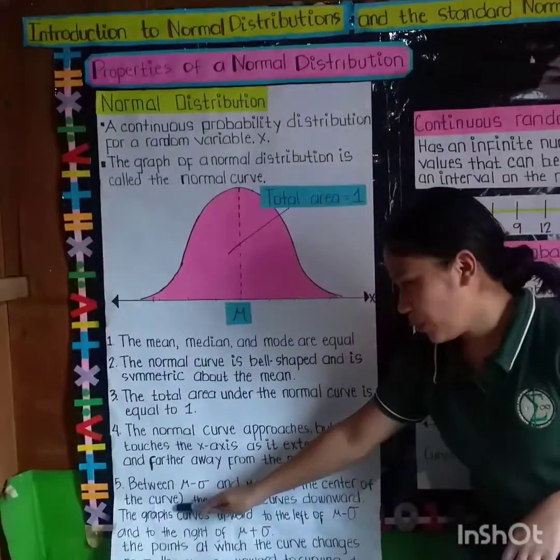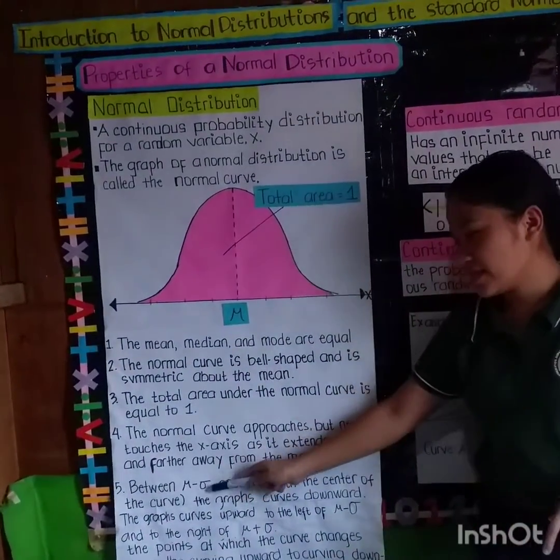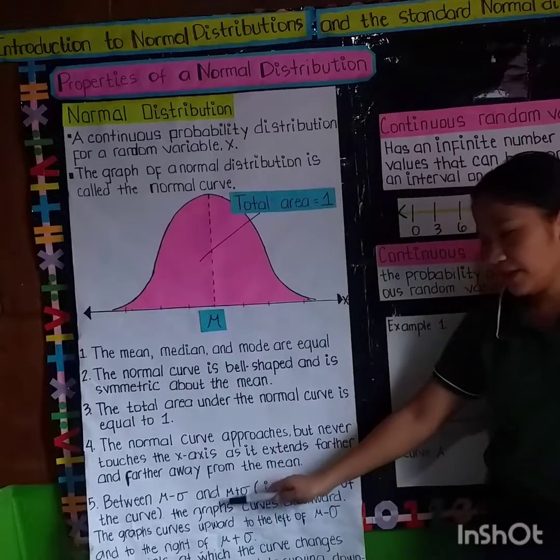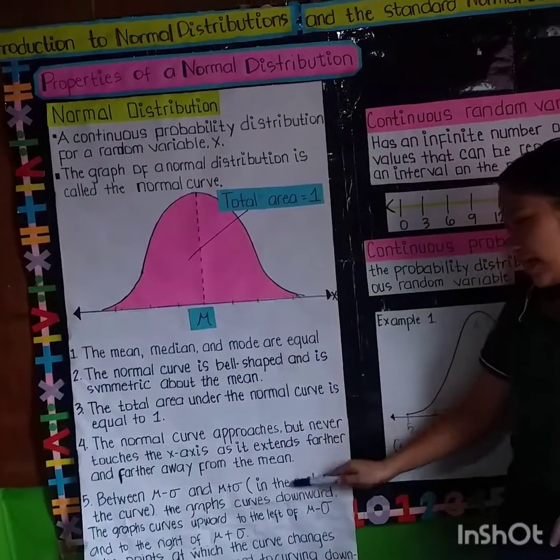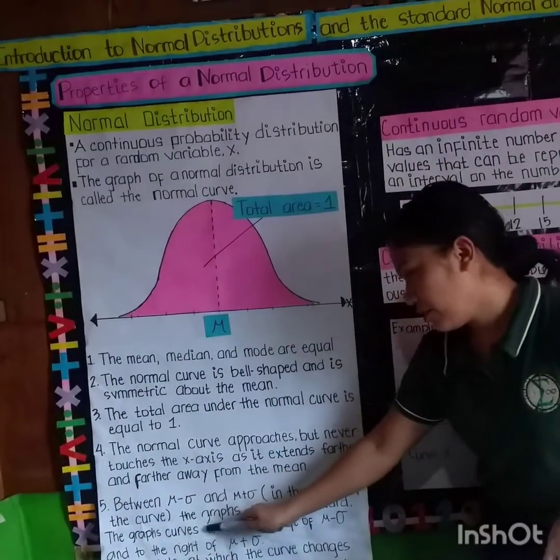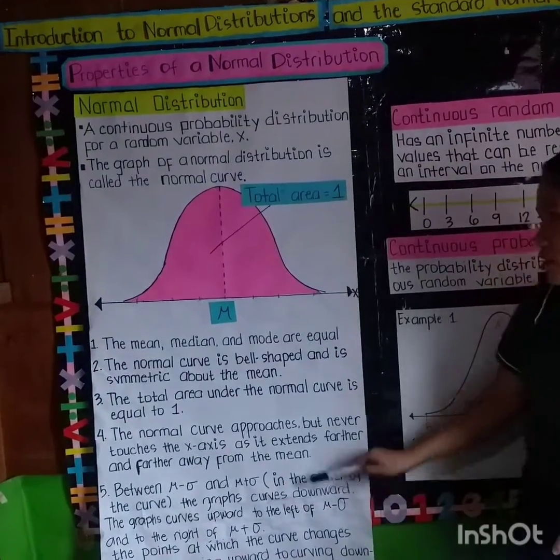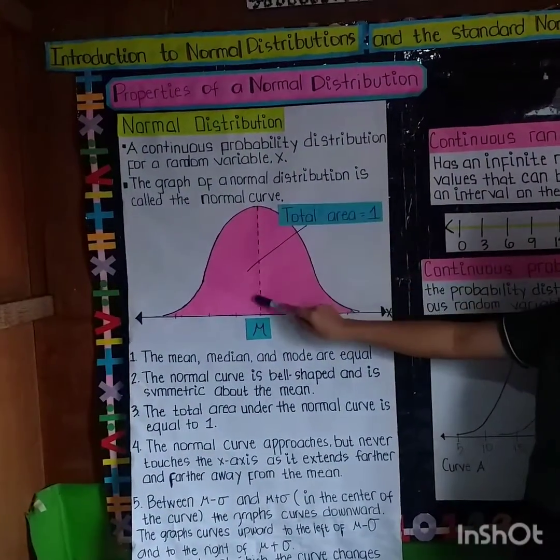Between the mean minus the standard deviation and the mean plus the standard deviation, in the center of the curve, the graph curves downward.